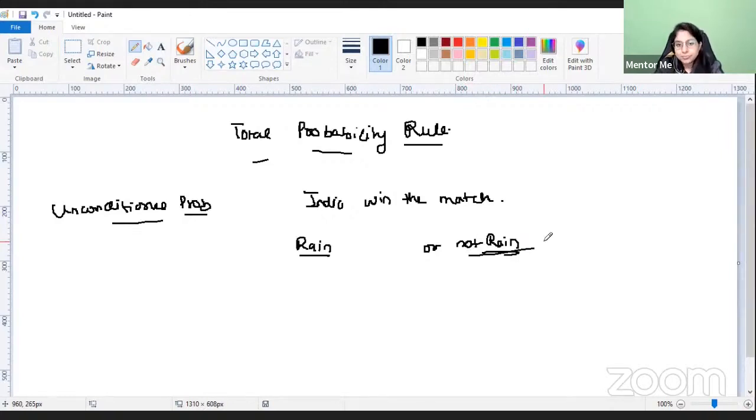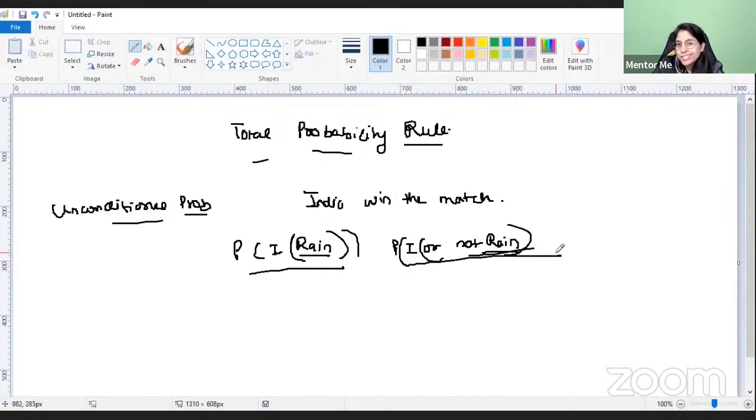Now, in case we find out the probability of India winning the match given that it rained, and the probability of India winning the match given that it did not rain, we have calculated two probabilities.